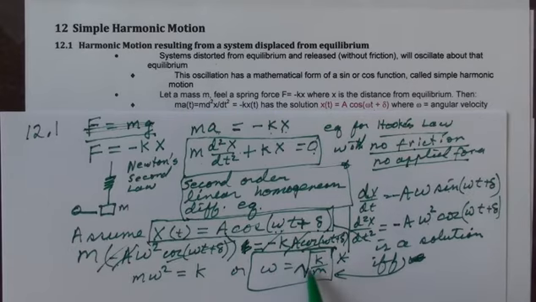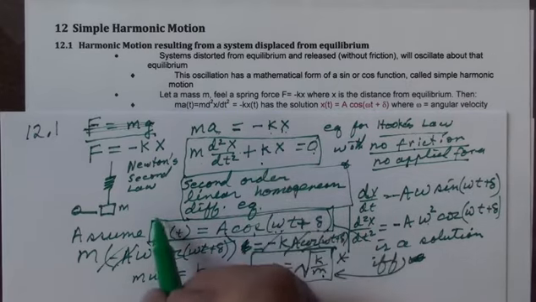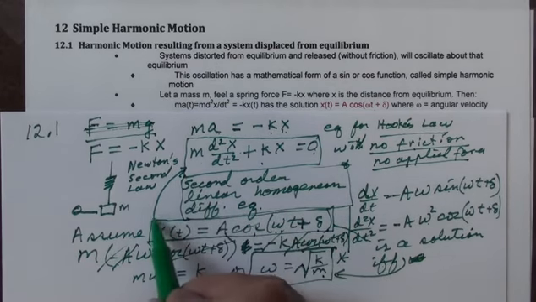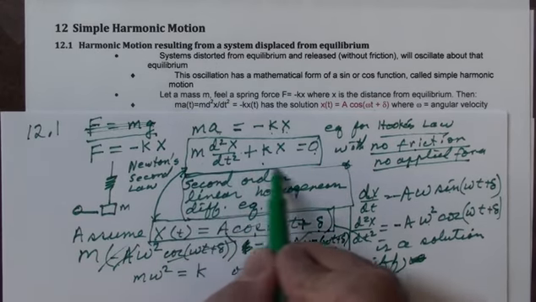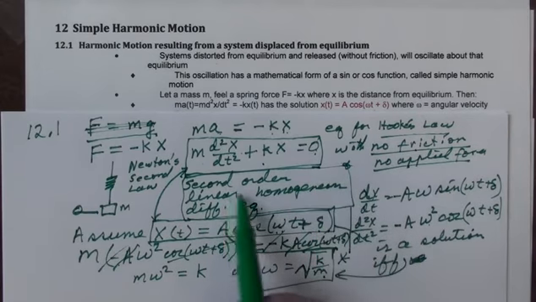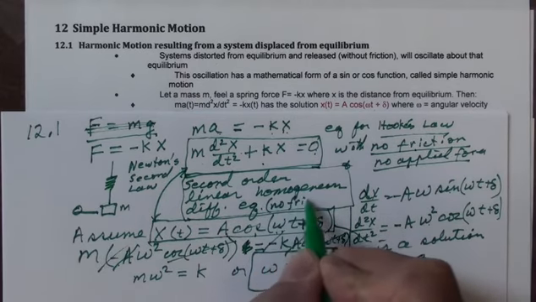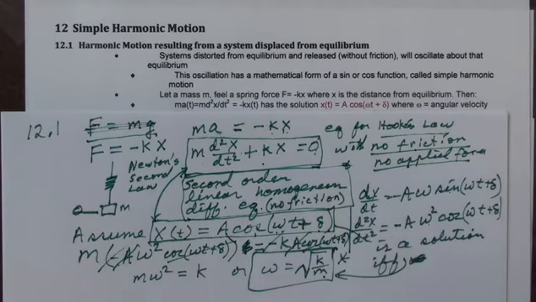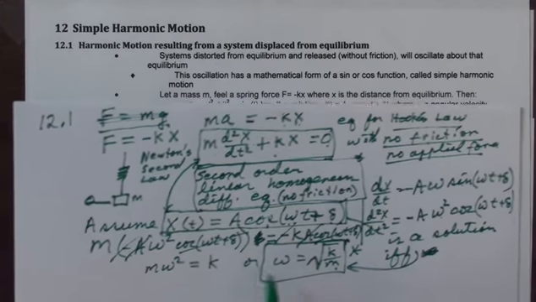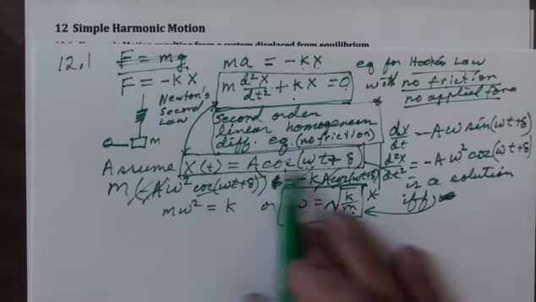So if this omega is the square root of k over m, then this will be a solution to this equation. This is the equation for a simple harmonic oscillation, a homogeneous differential equation, second order, no friction. And so this is an incredibly important result. It tells us that our solution is going to look like this.